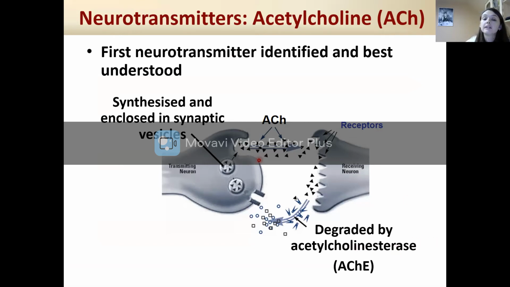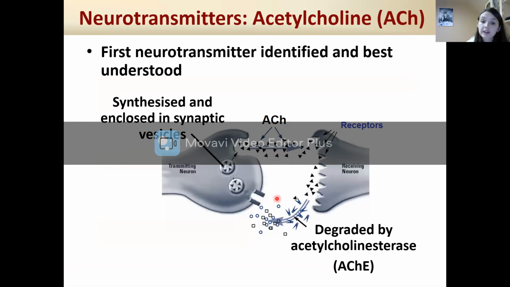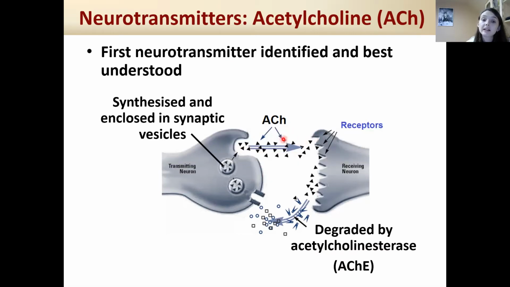Acetylcholine, no matter in which kind of synapses, neuromuscular synapses or other synapses in the central nervous system, will be destroyed by a specific enzyme which is called acetylcholinesterase. This acetylcholinesterase is going to inactivate acetylcholine, and as a result it will not produce any kind of effect on the postsynaptic membrane.